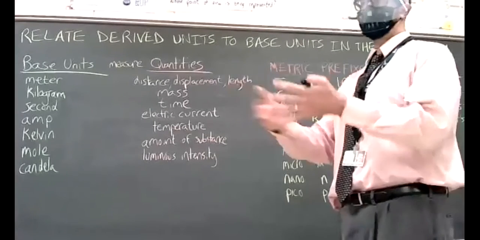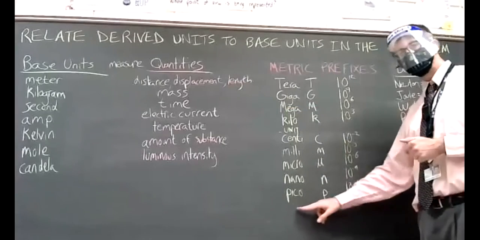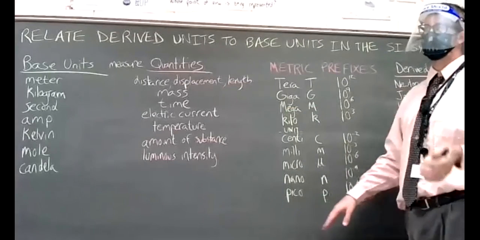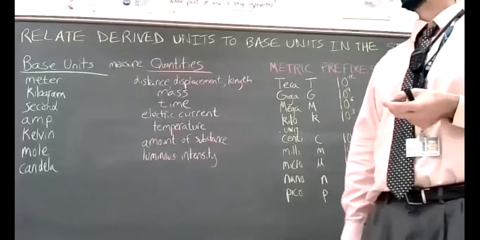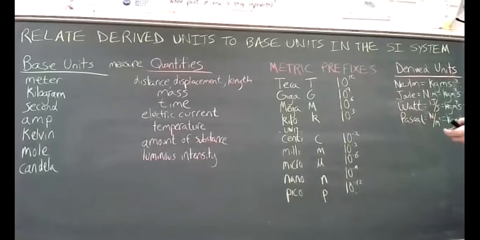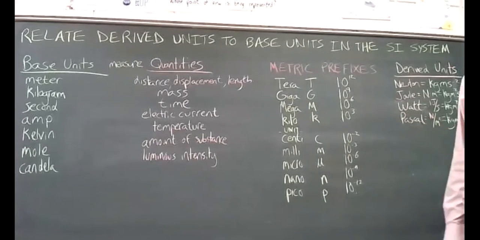A femto is 10 to the negative 15. The next one down is an atto, like an attosecond, 10 to the negative 18. Zepto, and yocto is the smallest. Yocto is 10 to the negative 24.